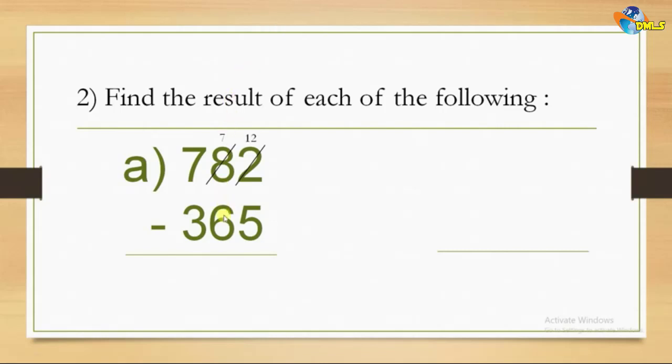Tens with tens. Now, should I subtract 6 from 8 or 6 from 7? Yes, of course, well done. 6 from 7, because we took away 1 ten from 8 tens, and now I have 7 tens. 7 minus 6 equals 1, and the last digit, the hundreds digit, 7 minus 3.